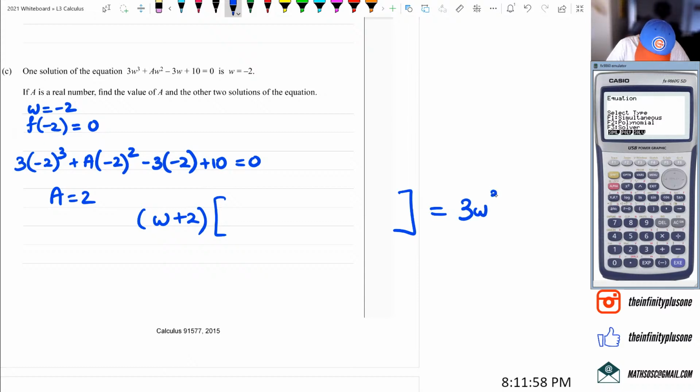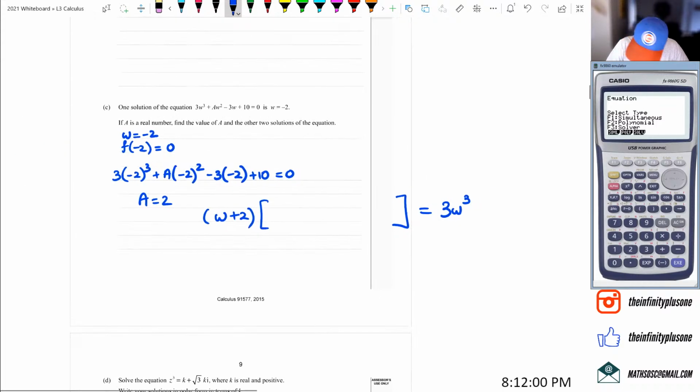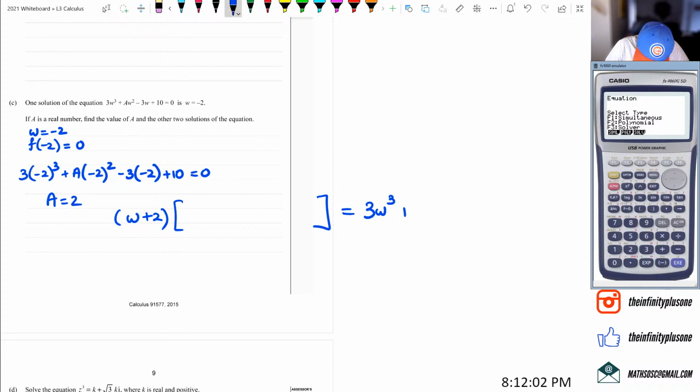We've got 3w cubed plus 2w squared minus 3w plus 10. What we're trying to do is w plus 2 times another bracket, which is going to equal this. We've got w times something that's going to equal 3w cubed.